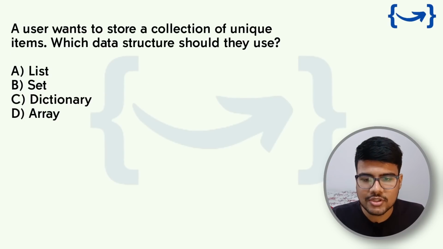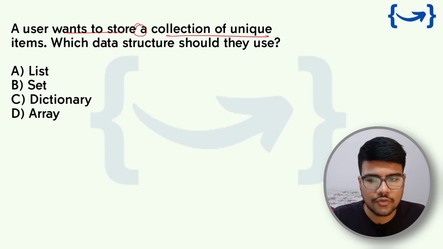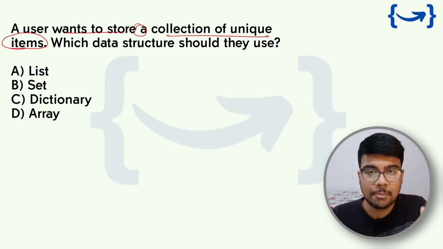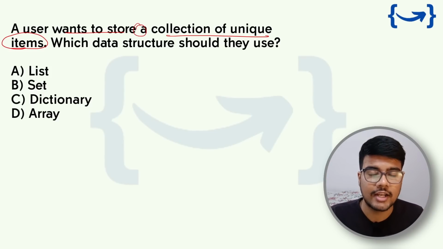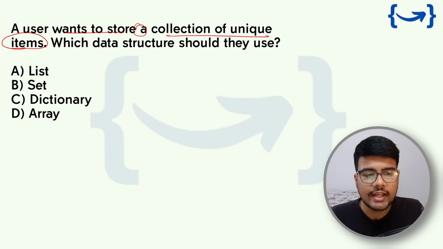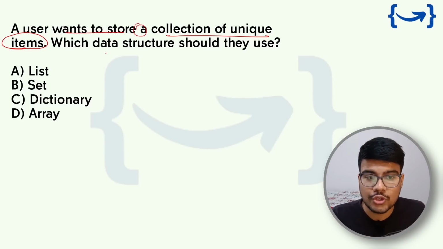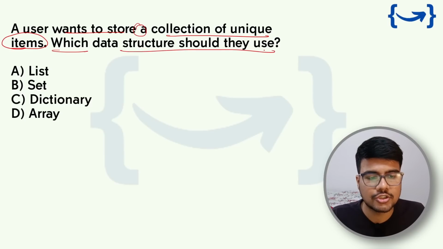Now, a user wants to store a collection of unique items. How can I figure this out? You will get a question related to data structure definitions, because in the previous set, part 1 of the MindTree solution, I saw the same problem regarding the hash map, but here it is asking for a collection of unique items. So which data structure should they use?